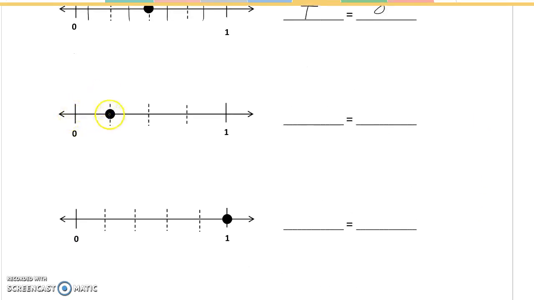Next one, I've got 1, 2, 3, 4 sections again, but my dot is at the first one, 1/4. Let's cut those all in half. I've got 8 sections now, and this dot is at the second one. So 1/4 is equal to 2/8.